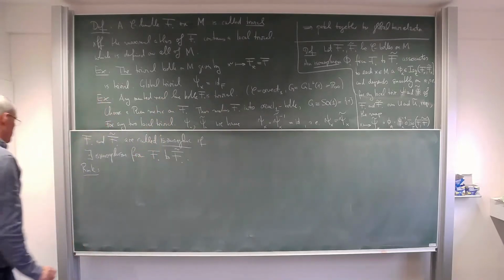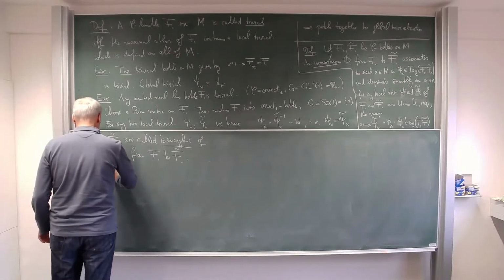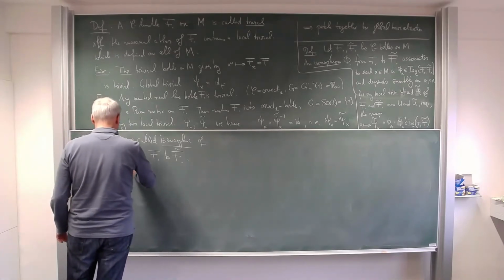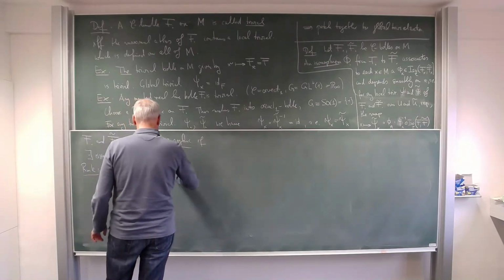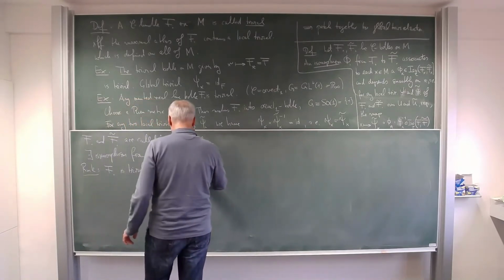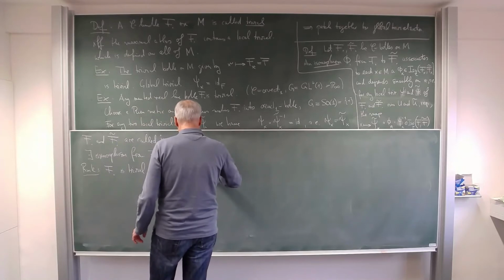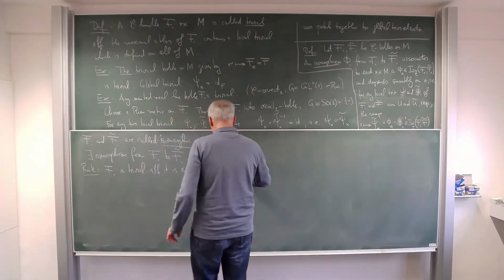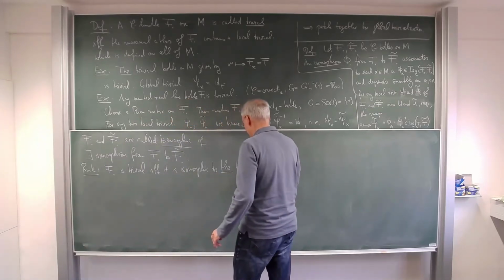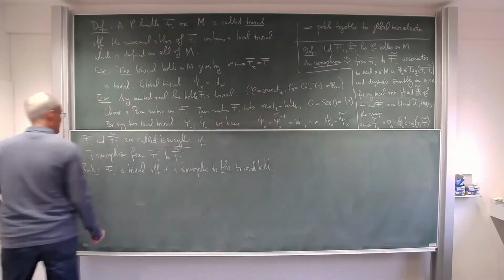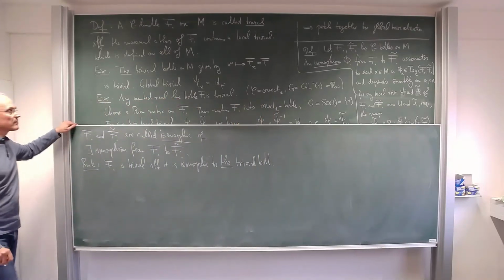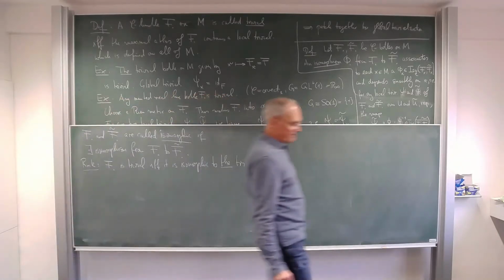Right, so remark: F is a trivial bundle if and only if it is isomorphic, not equal but isomorphic, to the trivial bundle.